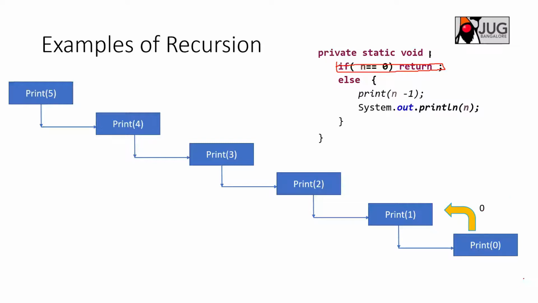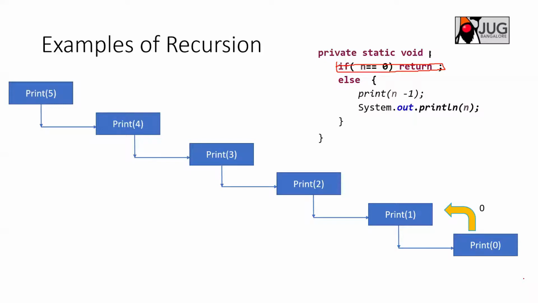So it calls print of -1, and this keeps going because we don't know when to stop. It keeps going down, and until we get a stack overflow, or in C++ a segmentation fault, our program is not going to terminate. So adding a base condition is very important here.